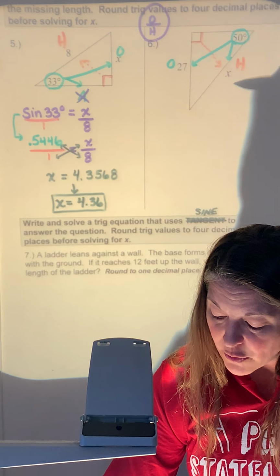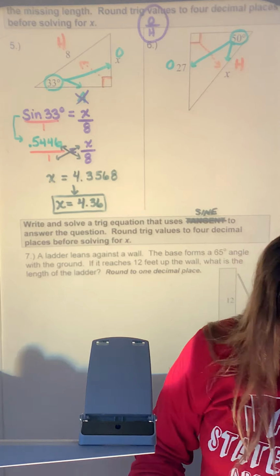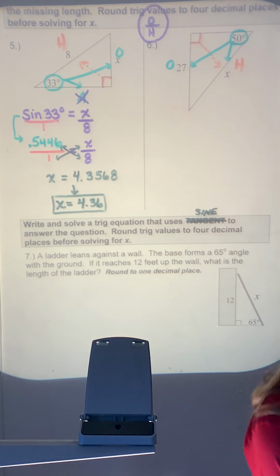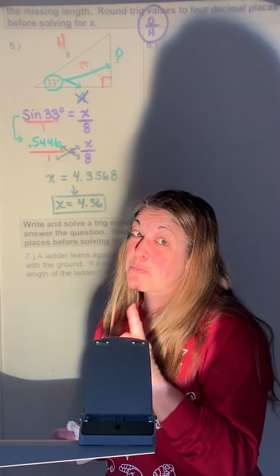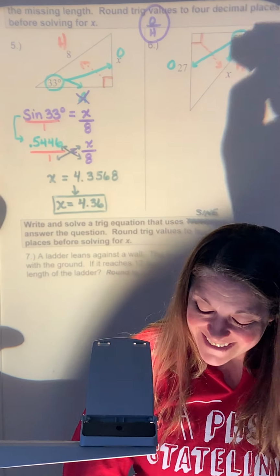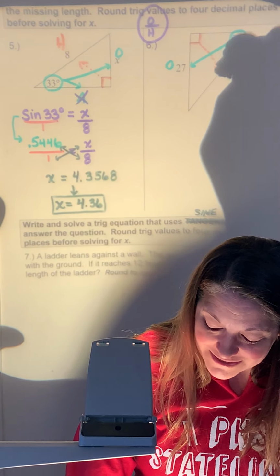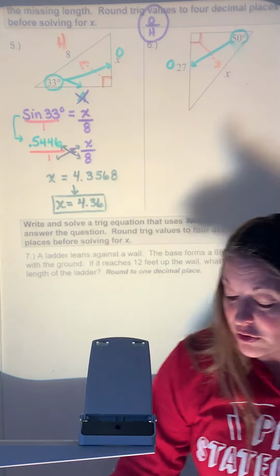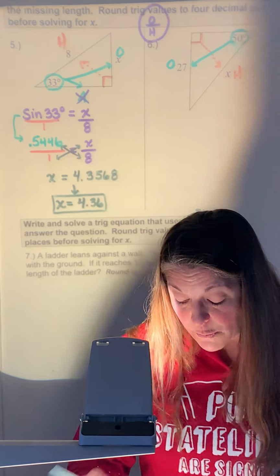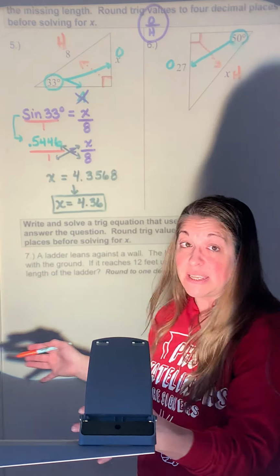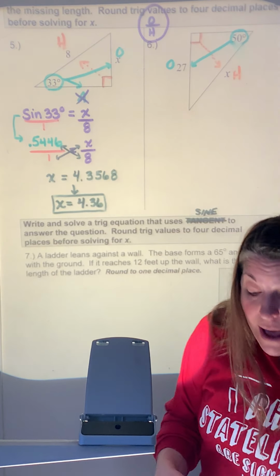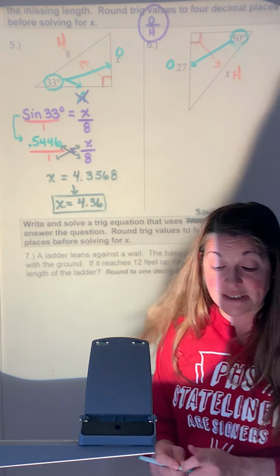I pointed to the wrong side. All right, remember what we said, guys? The reason for labeling that hypotenuse first is because that way it takes it out of the running as far as who's going to be the opposite or the adjacent.